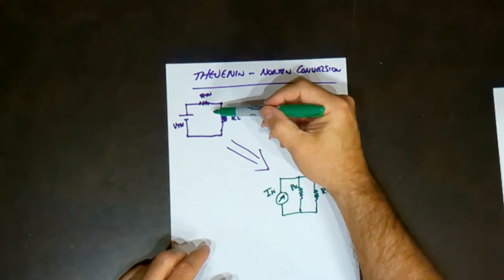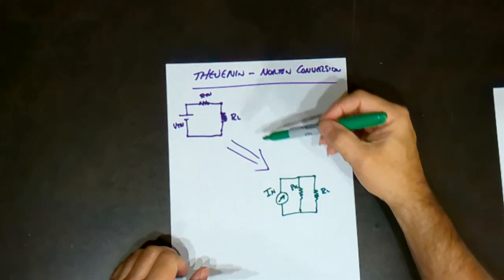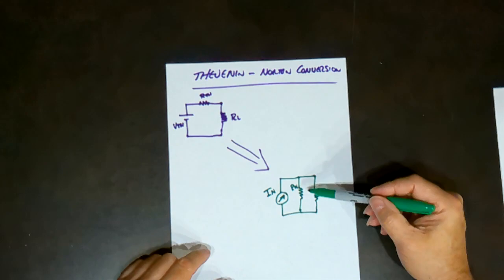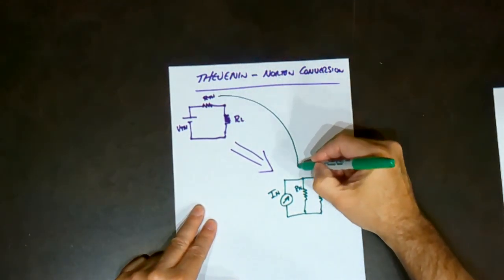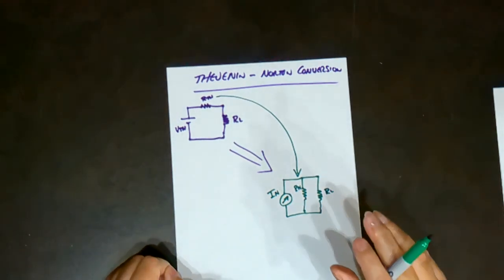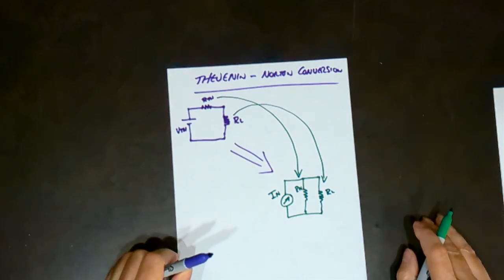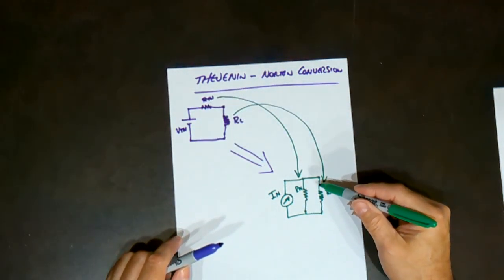So if I'm going from Thevenin's to Norton's, all I do is I take the circuit from a series circuit and put it in parallel. R Thevenin goes right to R Norton because they are the same. The load resistor goes right to the load resistor. So all I'm doing is converting series into parallel.